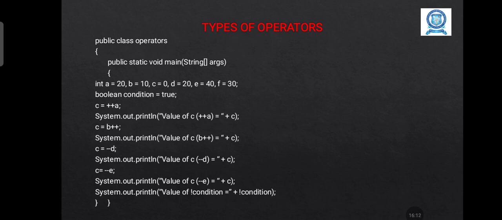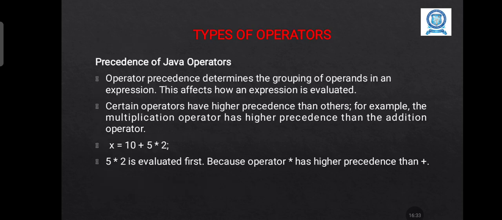But in case of post increment, if you apply c equal to a plus plus, the original value of a will be applied to c, after which a will be incremented. The new value of a will be the incremented value. Similarly, this is also applicable to the decrementation operation.